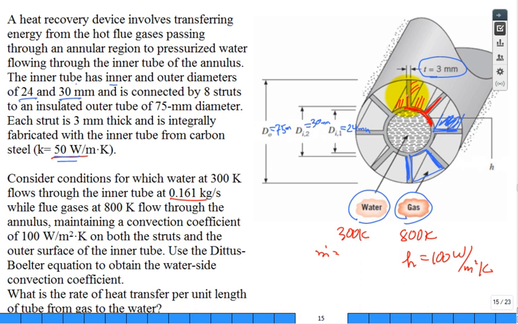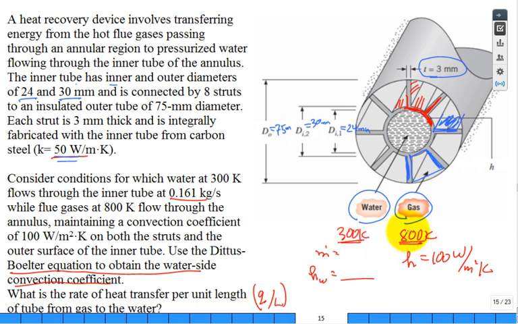Okay. Use the Dittus-Boelter equation to obtain the water side convection coefficient. So they want h on the water side. And then what is the rate of heat transfer per unit length of the tube from the gas to the water? So what is Q divided by L, where this is 300 and that's 800.